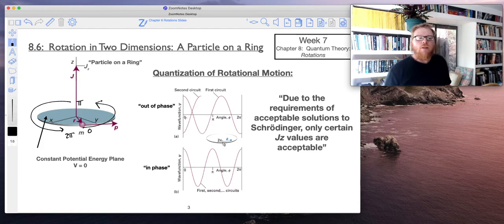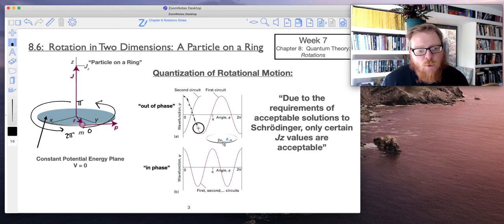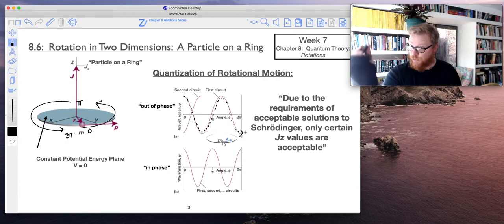Okay. So on this quantization, let's say I start here on the first circuit and I'm going, as a wave, through this circuit right here, and I finish my 2 pi full loop circuit down here. Well, then look where I start the next circuit, right? I go all the way up and I start the second circuit right here.